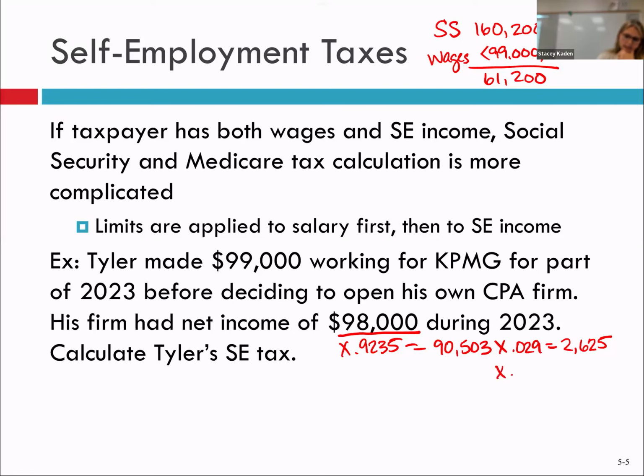And what are we going to multiply times 0.124? 61,200. $7,589. Okay, so Tyler has total self-employment tax of $10,214.